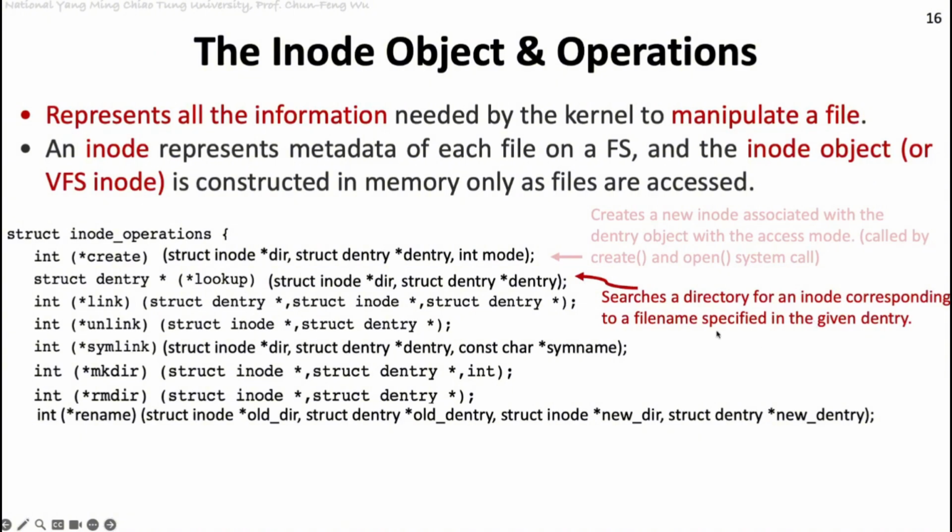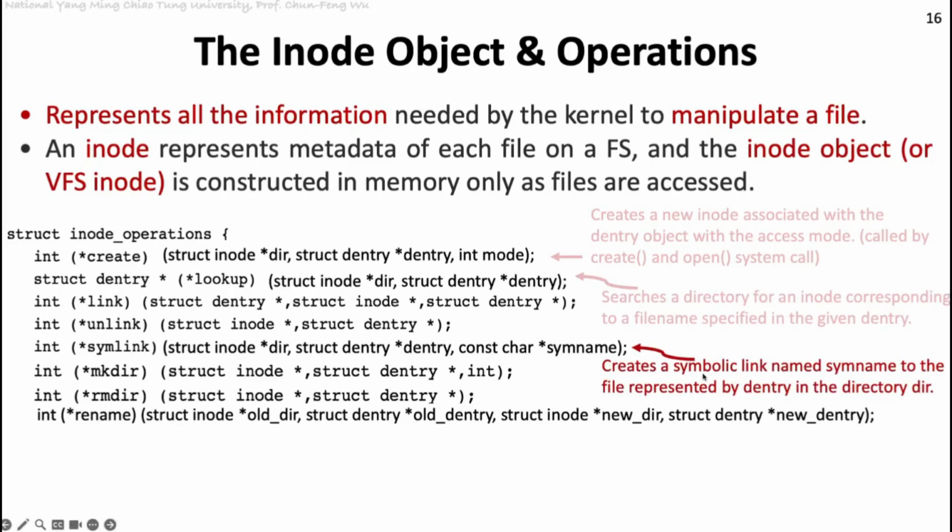As you already know, the file name is stored inside a dentry. So given the dentry, we can know the file name, and we use the file name to trace the tree to get the location of this file. There will be an example later of how to parse the absolute path to get to the end of this data.